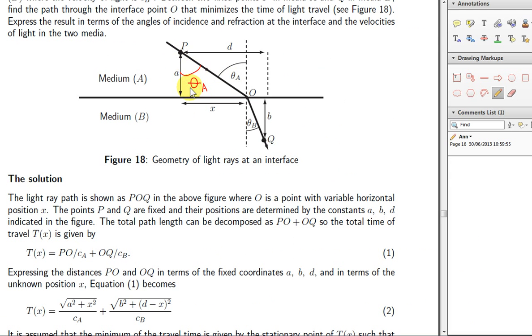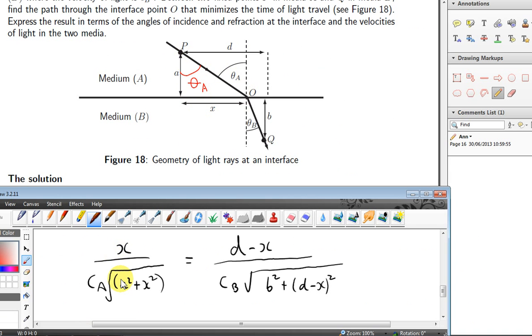So in this right angle triangle, sine theta A is opposite over hypotenuse. Side opposite theta A is x and the hypotenuse is OP. So sine theta A is x over root a squared plus x squared. So we can replace all of this thing here with the sine of theta A.